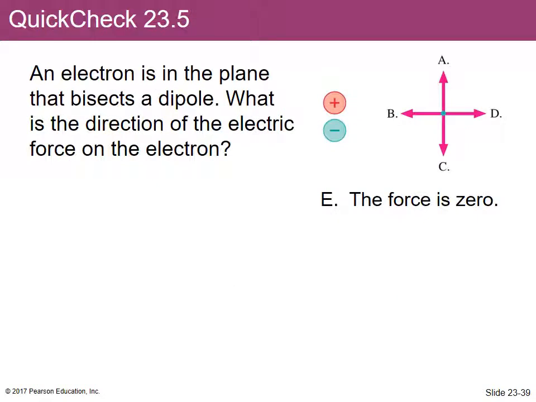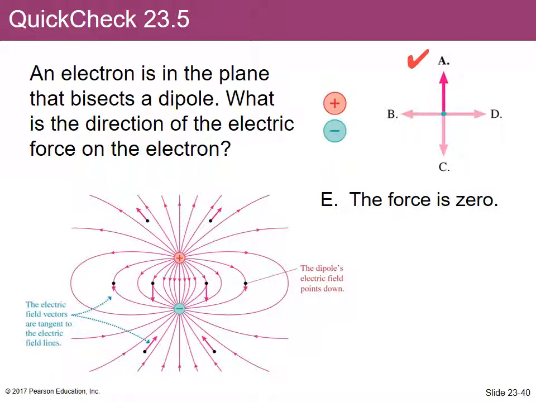An electron is in the plane that bisects the dipole. What is the direction of the electric force on the electron? This is the dipole with the dipole moment pointing up.